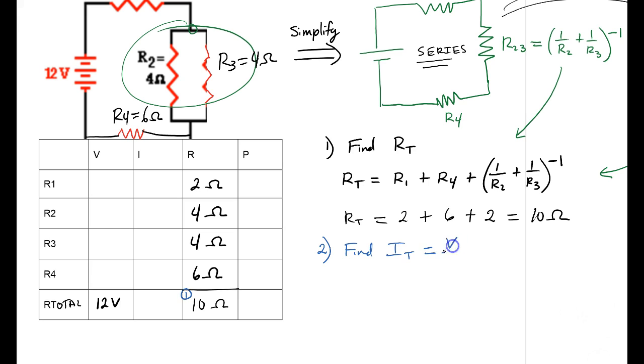So that's V divided by R. And if you want to specify that's V total over R total, that would be better. So 12 divided by 10 is 1.2. Alright, I'm going to designate a little 2 right here. That's my second step.